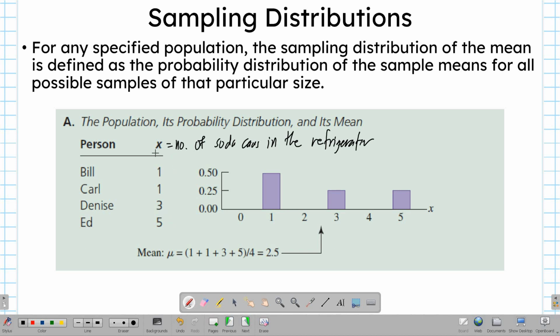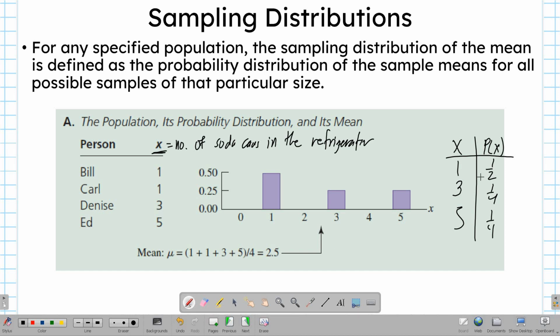So if this is our random variable, we do its probability distribution on this side. We have the values 1, 3, 5, and since there are 2 ones, the probability is 1/2, and then 1/4 and 1/4. That's why we have this table and this bar chart that represents it.